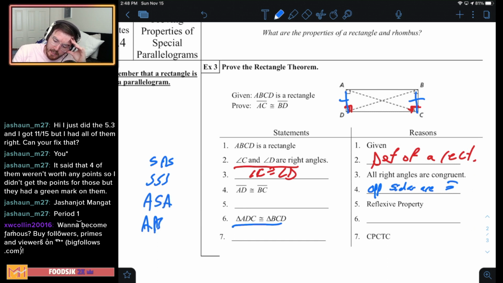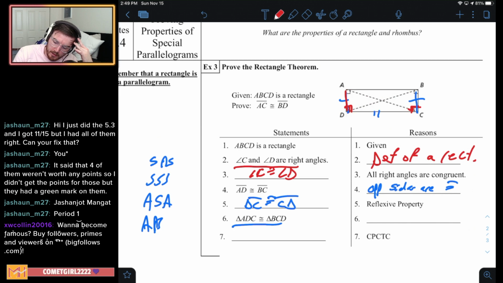We have a side, we have an angle, and they share this bottom side. You realize that? This triangle and this triangle share the bottom side. So with that being said, these two triangles are congruent.